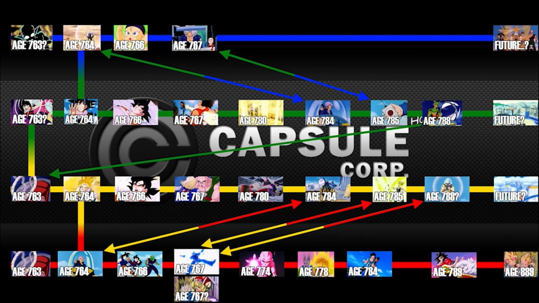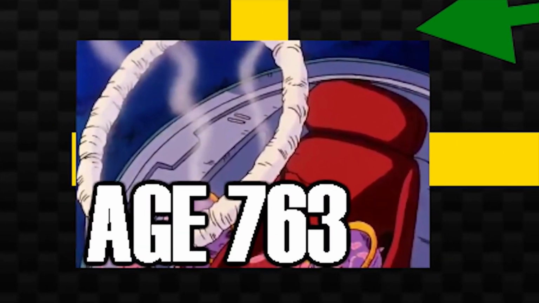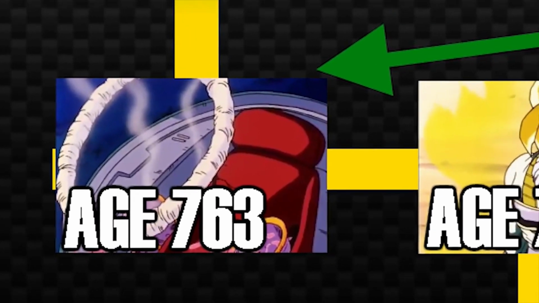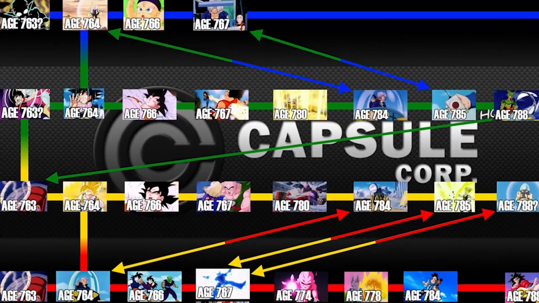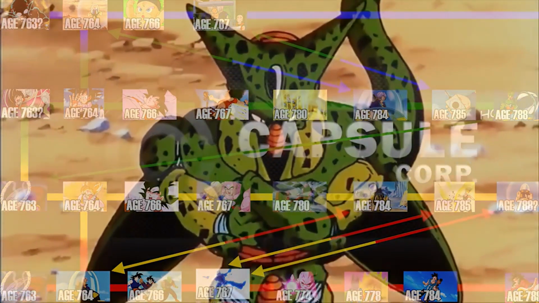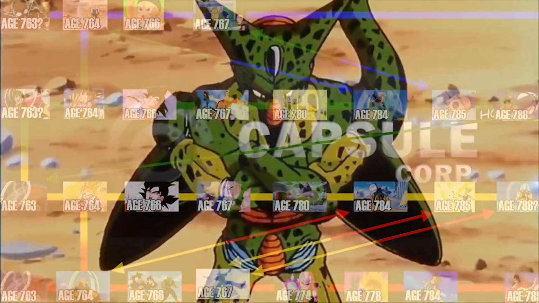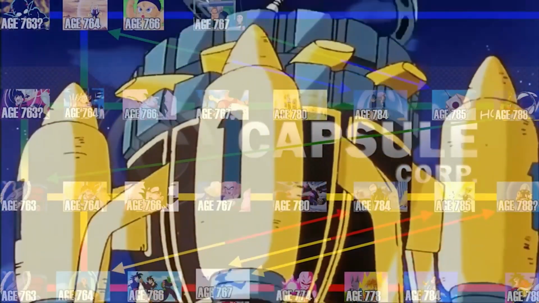Now, keep in mind that age 763 is a year before Frieza and King Cold attacked planet Earth. Initially, Trunks was planning to return to age 763 to tell the Z Fighters that he had defeated the androids, similar to how Trunks from the History of Trunks' timeline could have gone back to tell the Z Fighters he beat Cell and the androids in what could have been the movie Bojack Unbound.